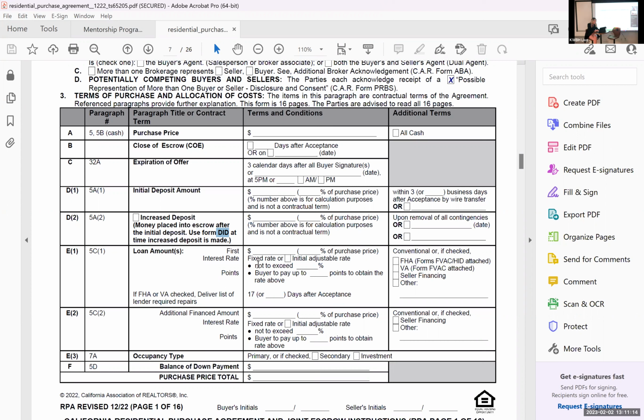All right, section E1, loan amounts. So if your buyer is purchasing with a loan, you're going to enter here the dollar amount of the loan. All right, so loan amounts can range anywhere from, I've seen 5% down loans, although kind of shaky, or quite a bit.